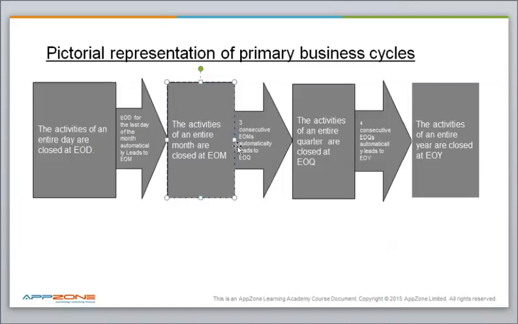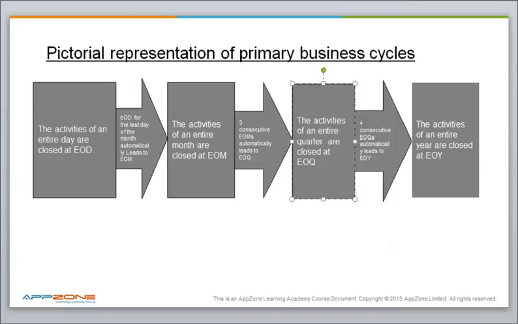We also have end of quarter. End of quarter is a 3-month milestone. So end of day cumulates into end of month. Then end of month also cumulates into end of quarter. End of quarter is a 3-month period, which means all the activities engaged in by this organization for a 3-month period are closed at the end of quarter, and this signifies another milestone.